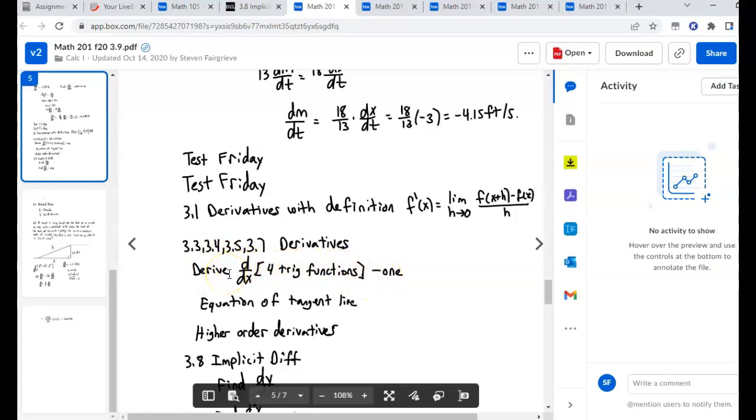You had some problems that you worked out and sent to me or worked out online and I graded, where you had to do the derivatives of a couple of the trig functions. In the 3.4 notes, we also did a couple of examples as well. We'll have a question on your test where I ask you to use the quotient rule to develop the derivative of one of those trig functions.